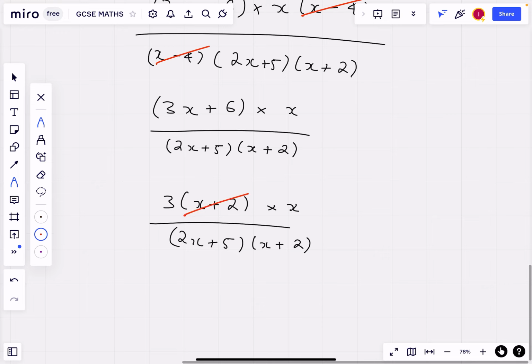And now that x plus 2 cancels out as well. So I'm left with 3x over 2x plus 5. There we go. Now it's fully simplified. If I just left it here, it wouldn't be correct because it wouldn't be fully simplified. There you go. That is at least the start of algebraic fractions.